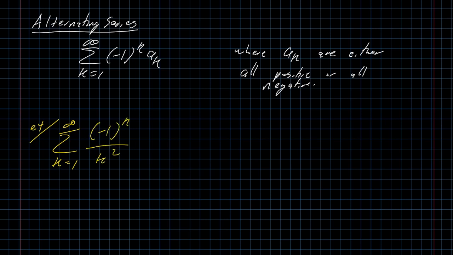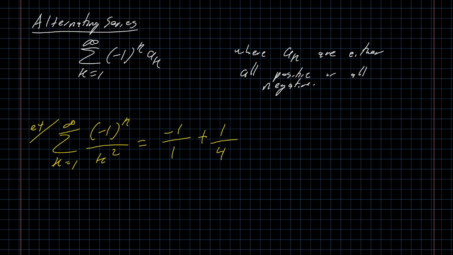All right, so if I have (-1)^k over k squared, when I plug in k equals 1, I'm going to get negative 1 over 1, which is just negative 1. When I plug in k equals 2, I'm going to get (-1) squared, which is positive 1, over 2 squared, which is 4.